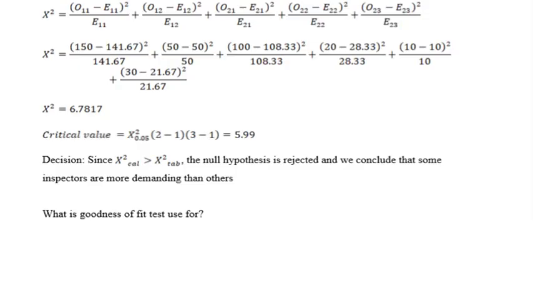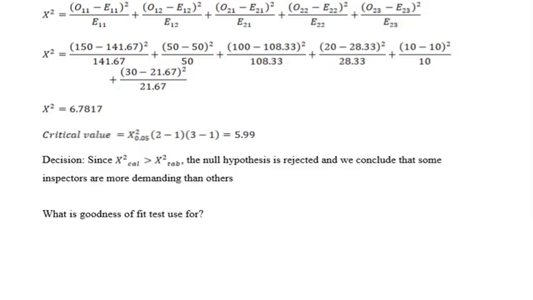After calculating all this, our chi-square will now be 6.7817. Then we look for our critical value. I think we are given 95%. 100 minus 95 divided by 100, that will give us 0.05.